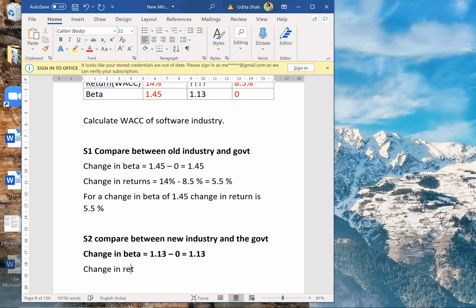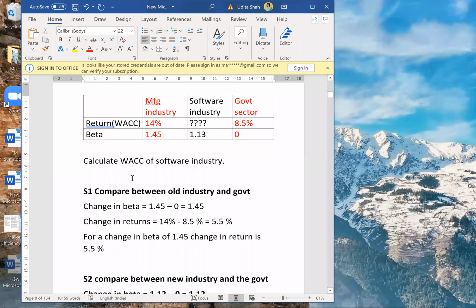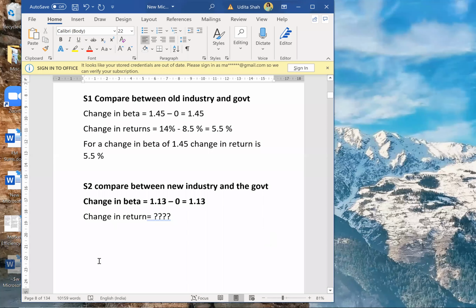What is the change in return? I don't know, because I don't know how much it is for the software industry. So now I'll compare step one and step two.